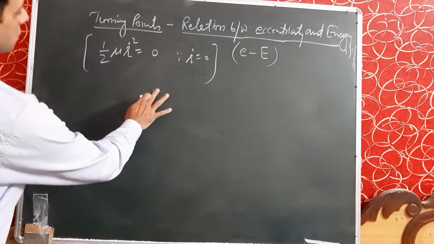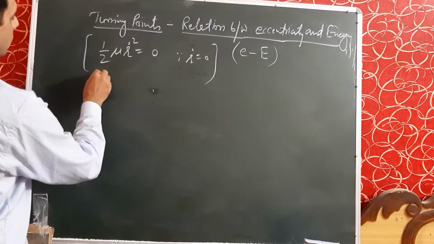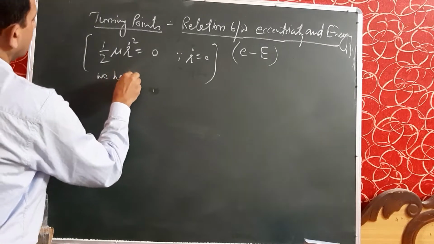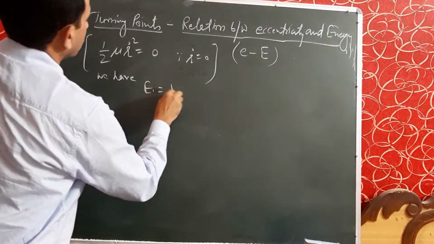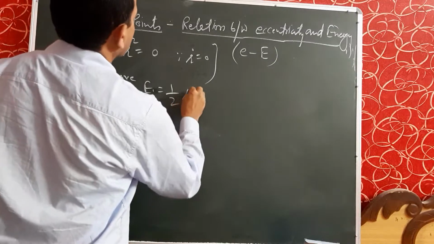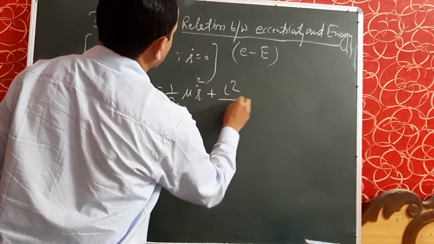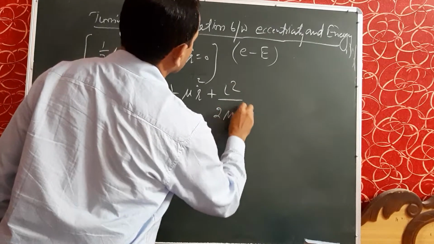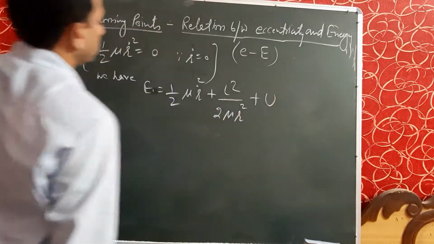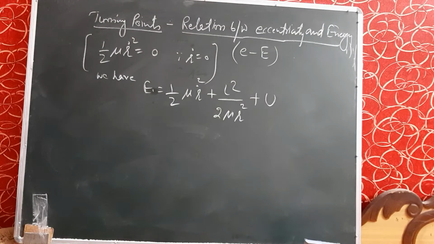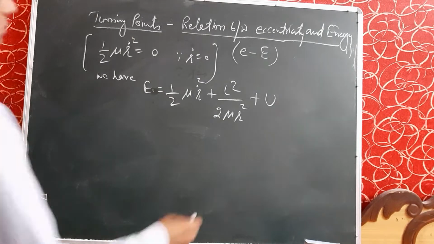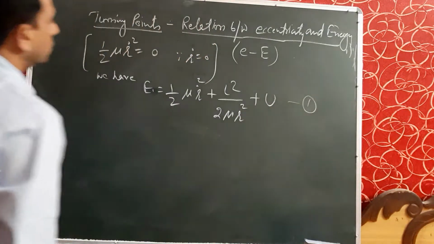So, we will use the concept of energy. We have energy equal to half mu r dot square plus L square upon 2 mu r square plus u. We have already proved this equation; let this be equation number 1.